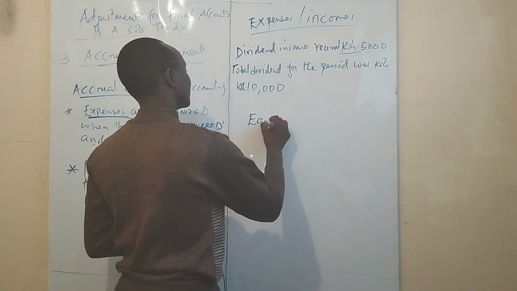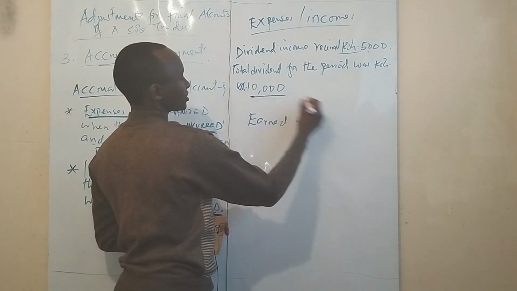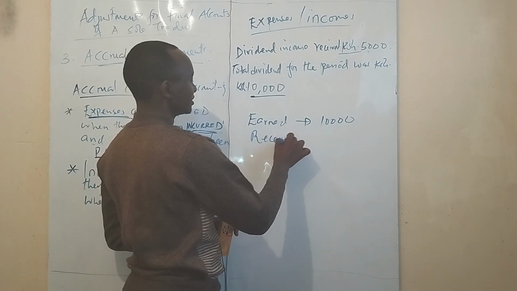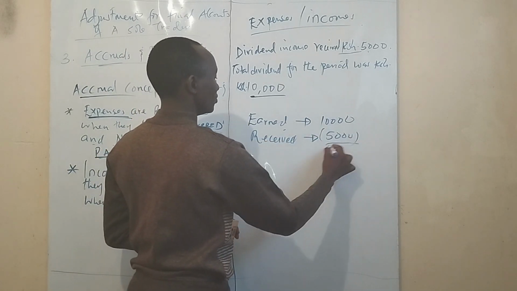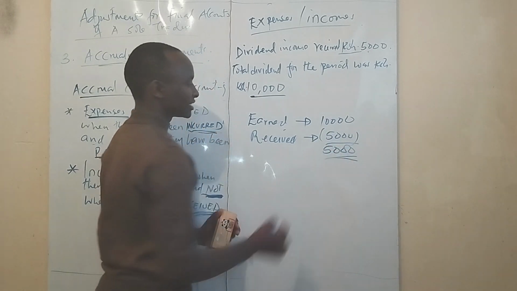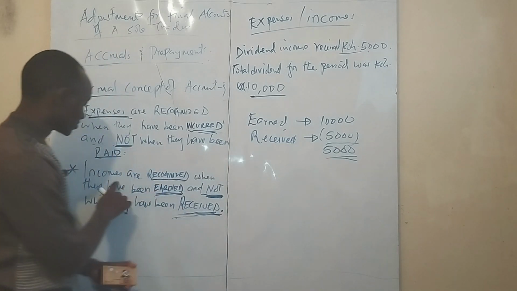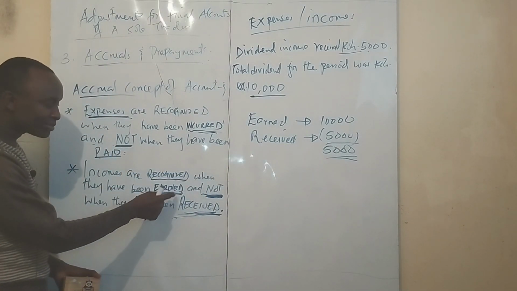And in our case it was 10,000. But what was actually received was 5,000, meaning we did not receive 5,000, right? We did not receive the 5,000. According to this one, incomes are recognized in the financial statements when they have been earned.